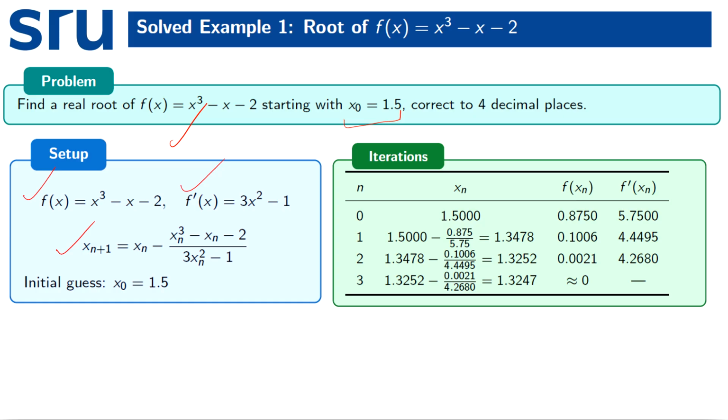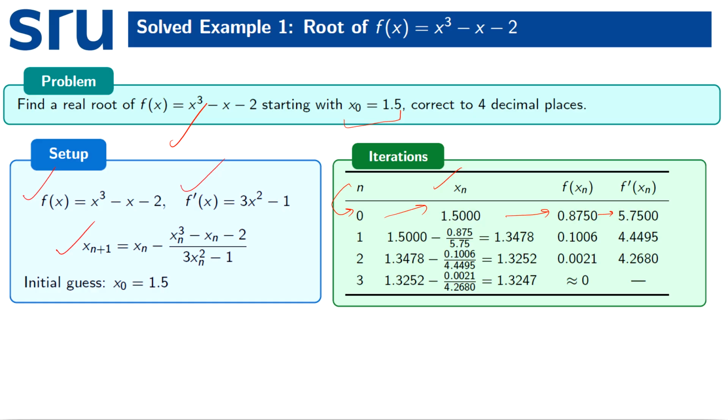For n = 0, x_n is 1.5. The value of the function at that point is 0.875 and the value of the derivative at this point is 5.75.